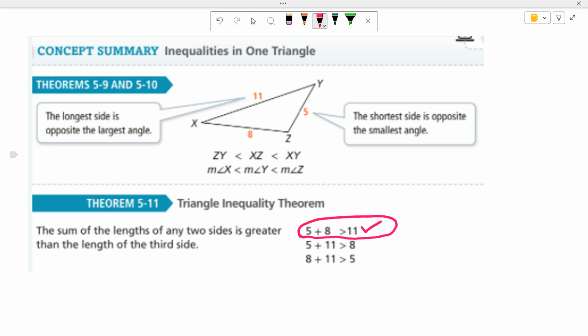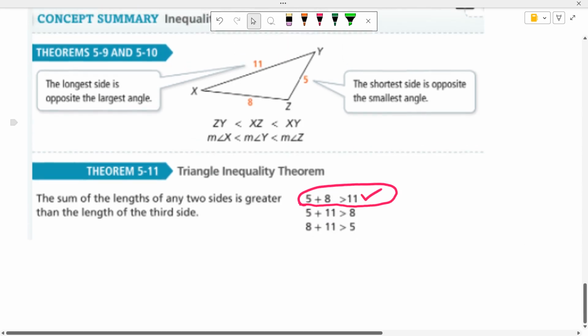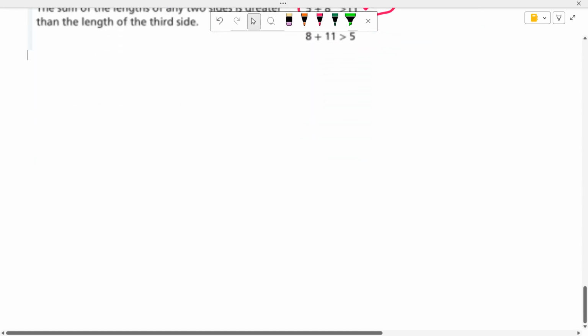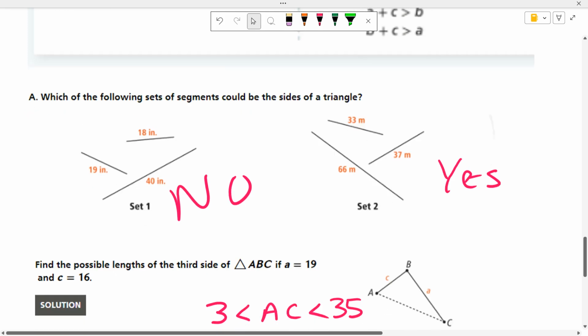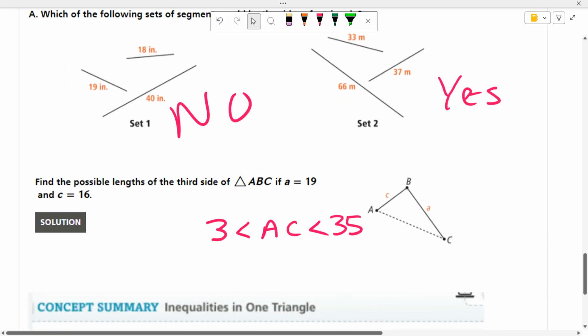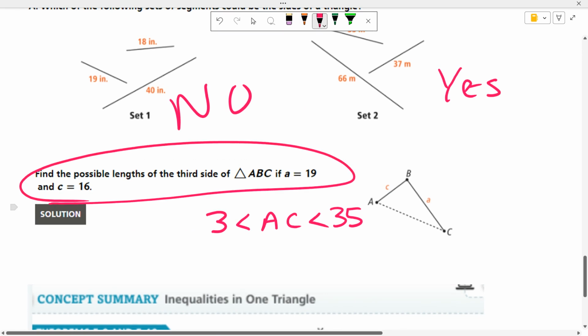Okay? So as long as the smallest two add up to be bigger than the biggest, and they try the other two too, but that doesn't make any sense. All right. So, can we do this? Okay? So the biggest thing, the hardest problem on there is remembering that you have to subtract and then you have to add to find the lengths of the sides.